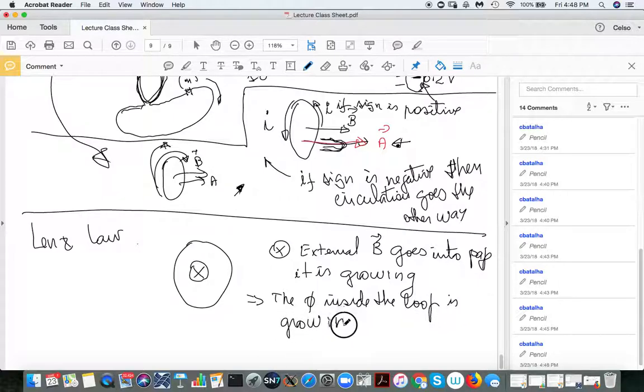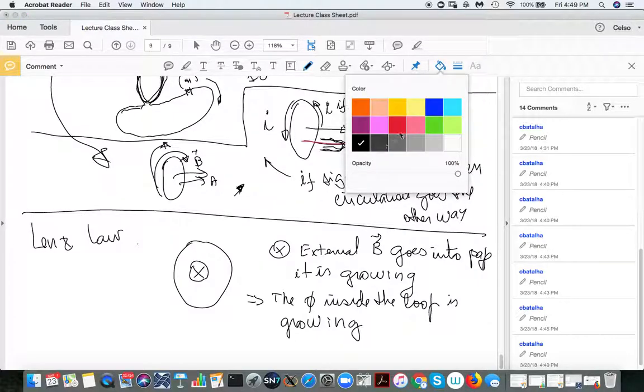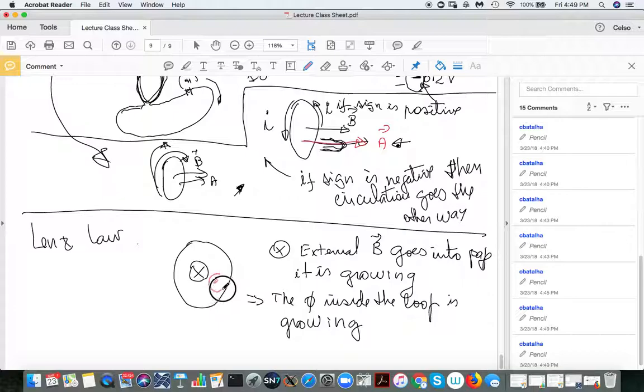And if this happens, Mother Nature, which means the loop itself, works in such a way that this loop creates a current that creates a magnetic field of its own that works against that growth.